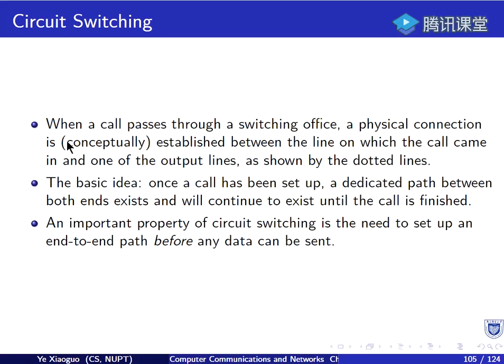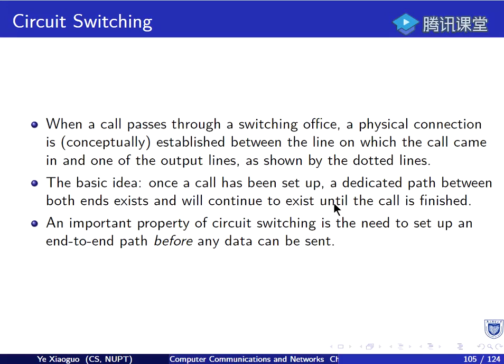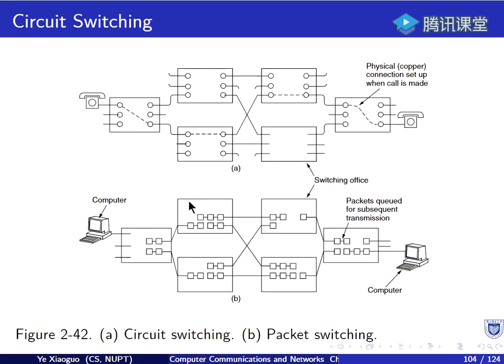When a call passes through a switching office, a physical connection is established between the line on which the call came in and one of the output lines, as shown by this dotted line.